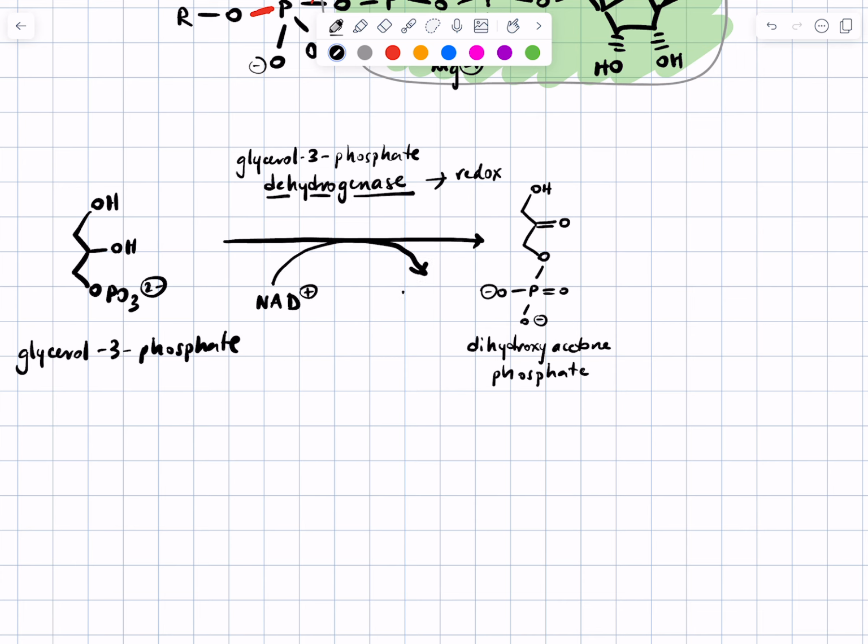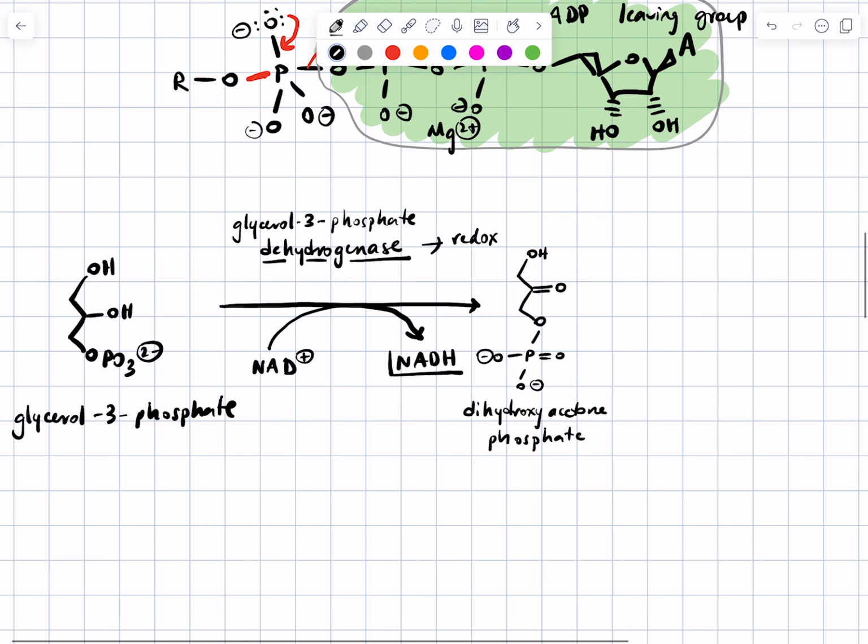You've seen it as a product of a reduction reaction. NADH is the reduced form of NAD+. So as we go from left to right, glycerol 3-phosphate is going to get oxidized to dihydroxyacetone phosphate, and NAD+ is going to get reduced to NADH.